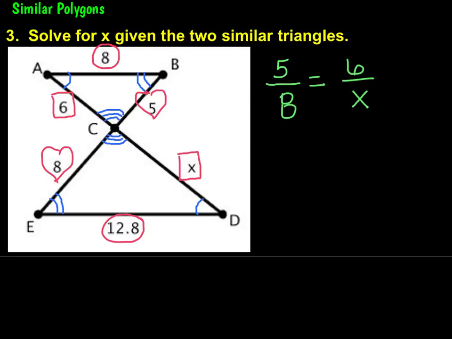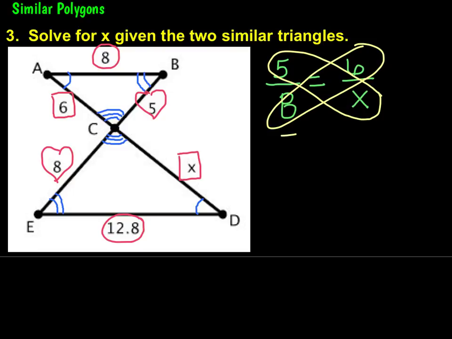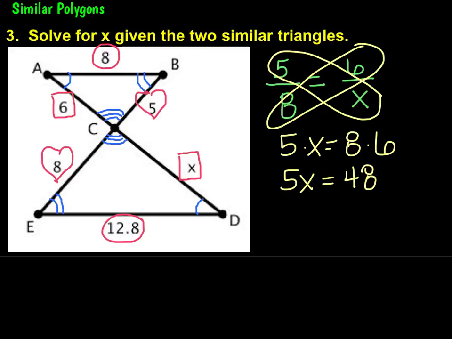Okay, next step, cross multiply. To solve for our variable, we get 5 times x equals 8 times 6. So that would be 5x equals 48. We're going to divide both sides by 5.